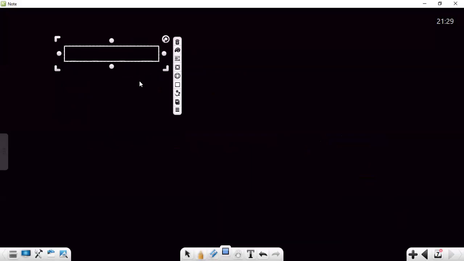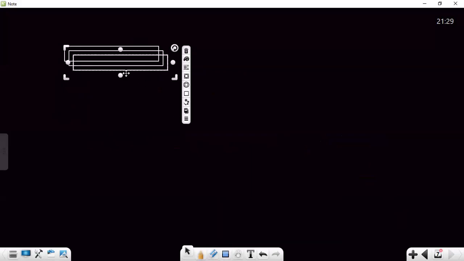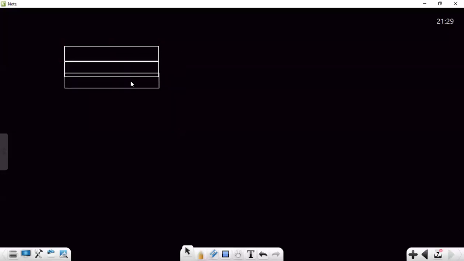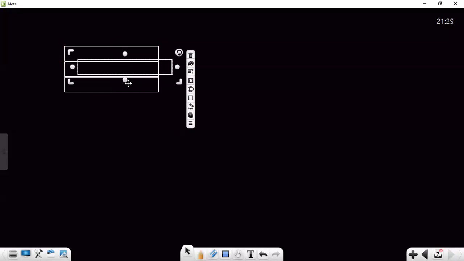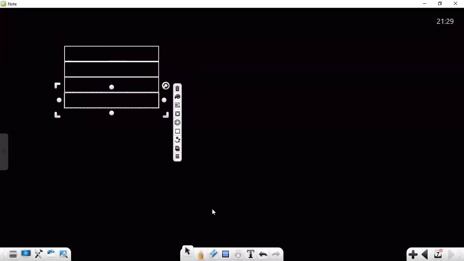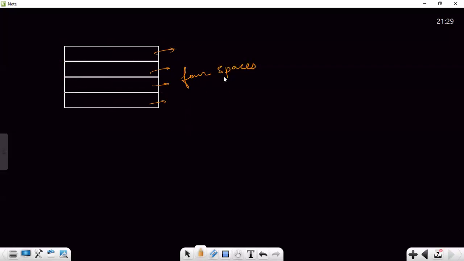Basically, there are four spaces. You can fill colors in these four spaces. There are four blank rectangles to fill in, so we can call it four spaces.